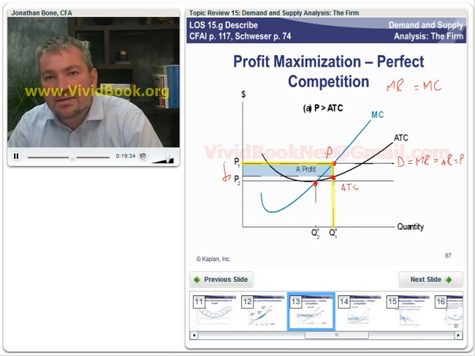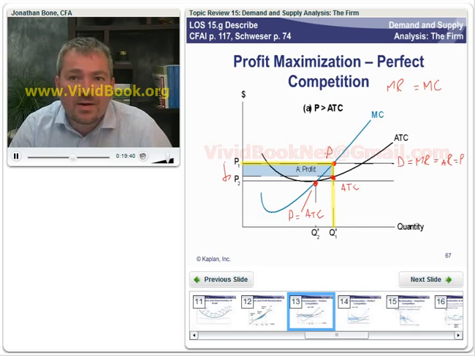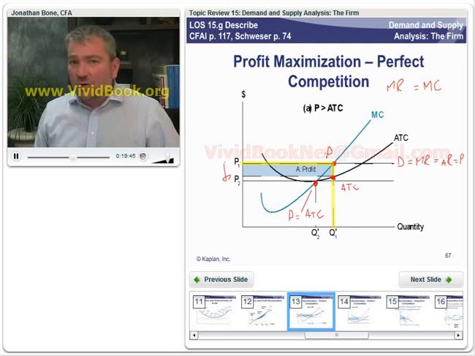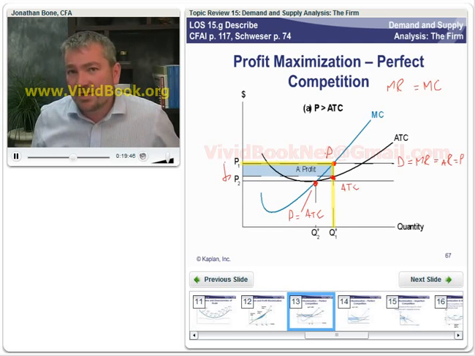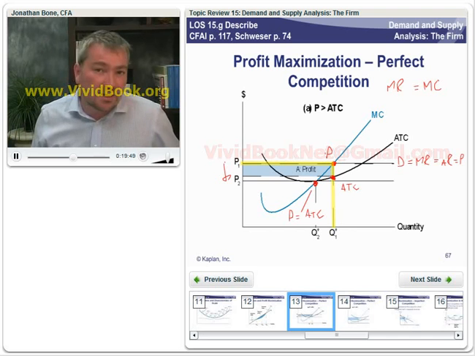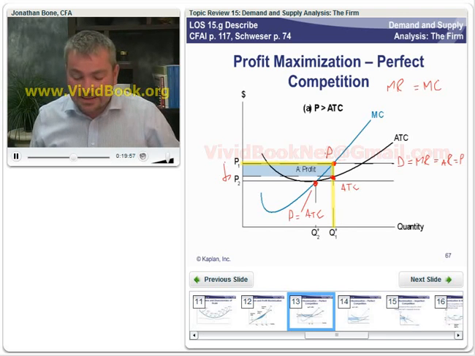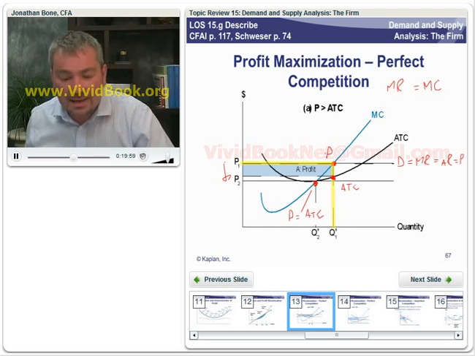Now notice at this point here, price equals average total cost. In other words, no economic profits are being generated. So we talk about the short run in perfect competition, where you can generate economic profits, but due to low barriers to entry, we argue that in the long run, no economic profits can be earned. Notice that demand curve is horizontal, it's perfectly elastic. I will explain why in the next reading.